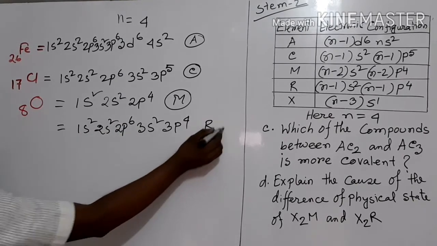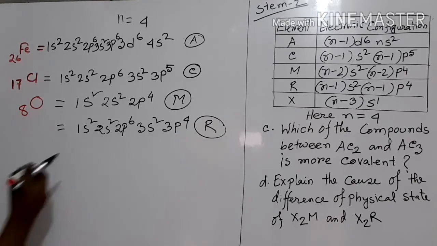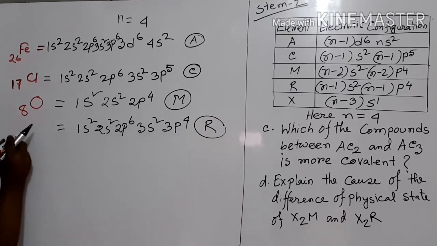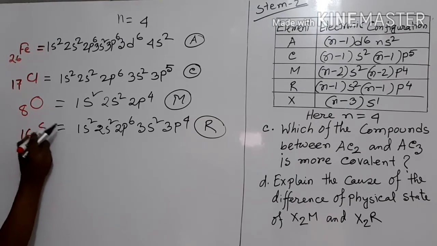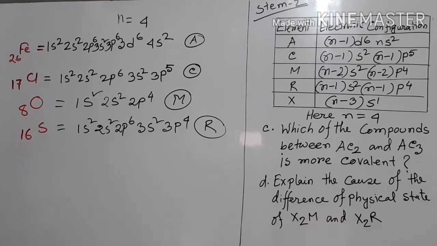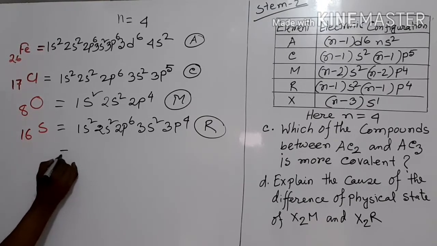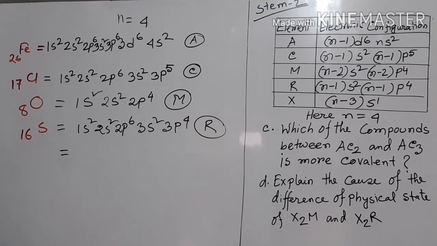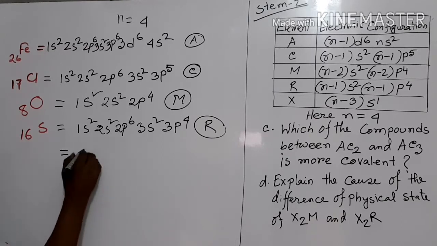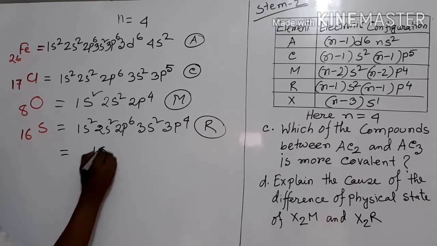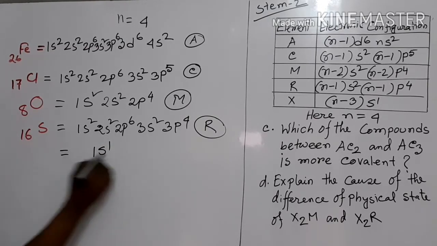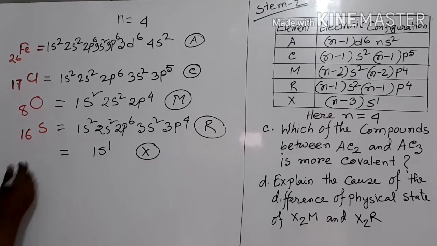So R has a total of 16 electrons, so R represents sulfur. And the last one, X: n minus 3, that means 4 minus 3 is 1, that means 1s1. So X represents hydrogen.